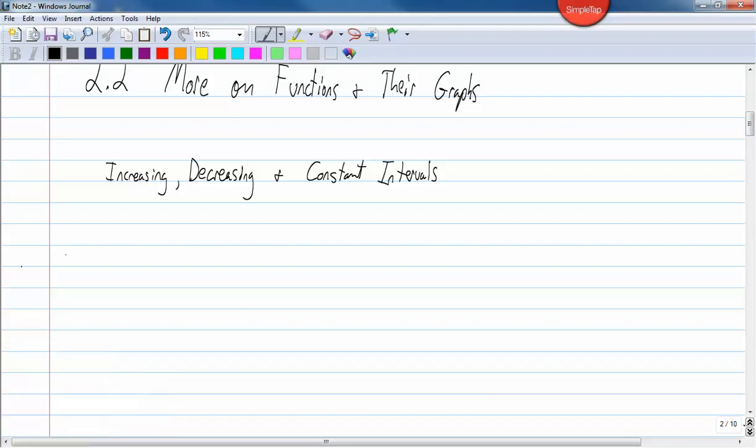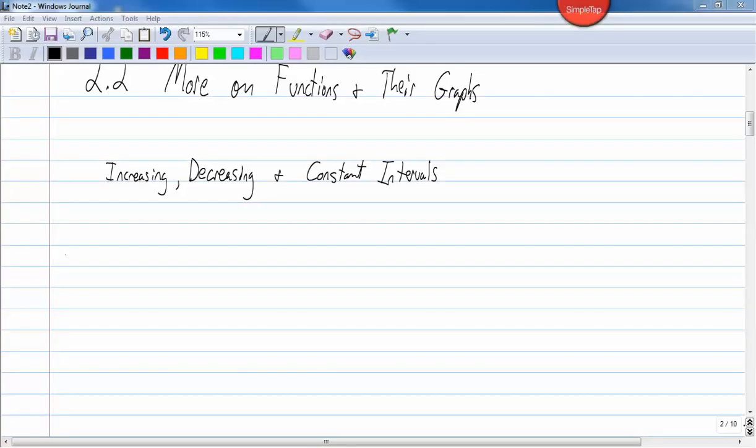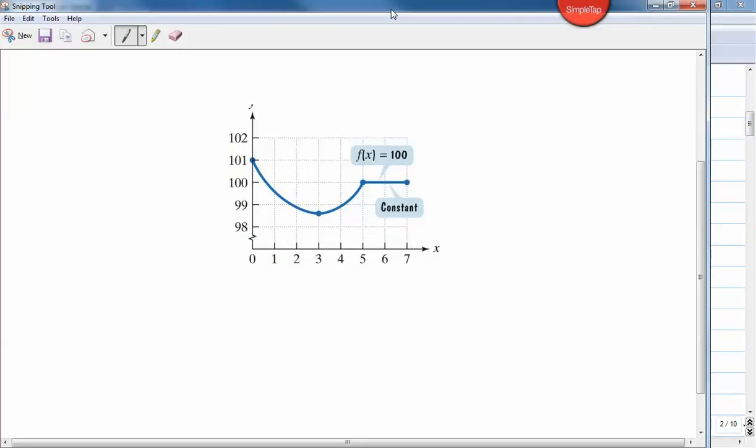Let's look at this graph real quick. And let's just try to apply what common sense tells us about increasing, decreasing, and constant to this graph.